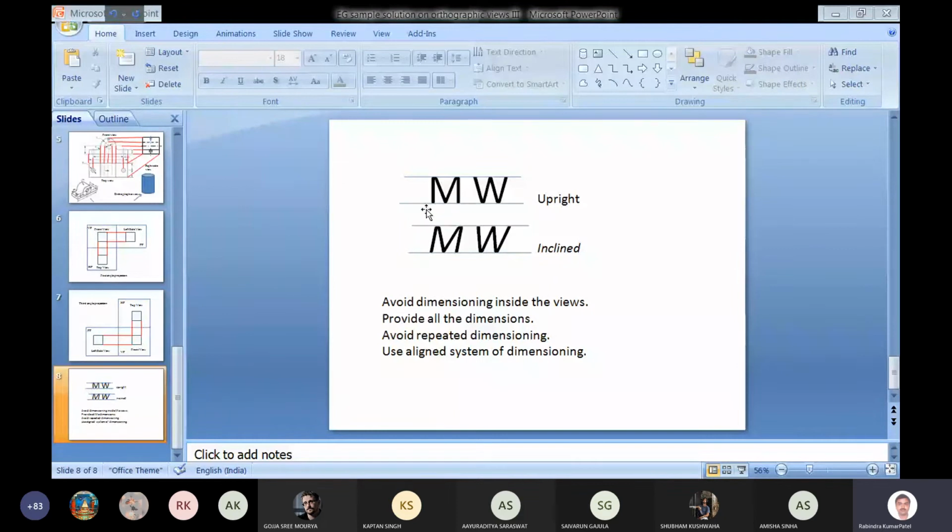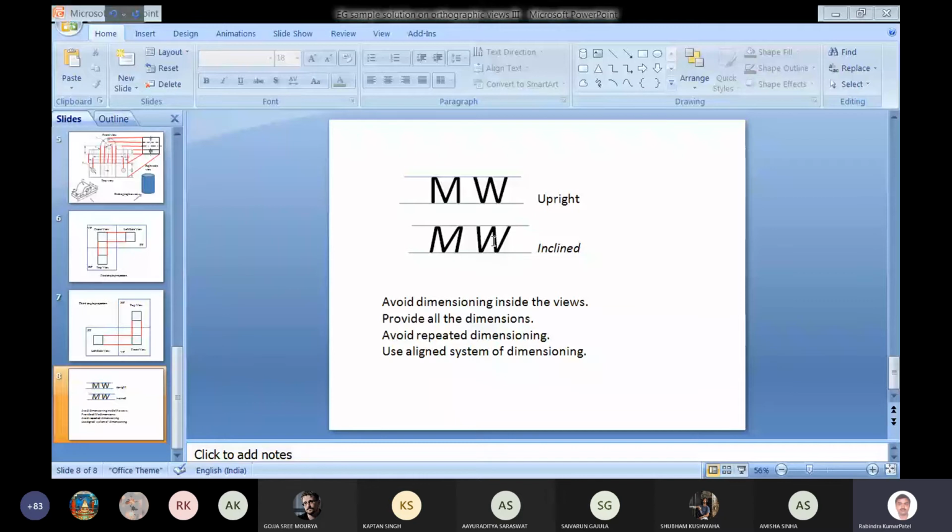Even if the guideline is not there, it should still be at the same level as the two legs. So it should be like this. Similarly, W should touch at the same level as the two arms. So we have to write like this. In the same way, we should write the inclined letters also.